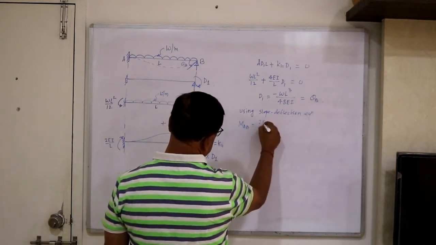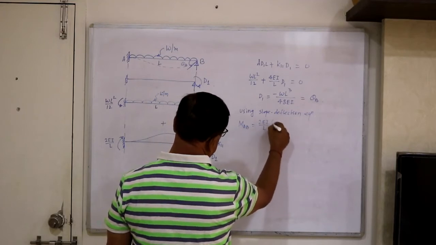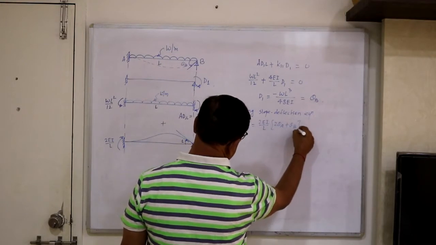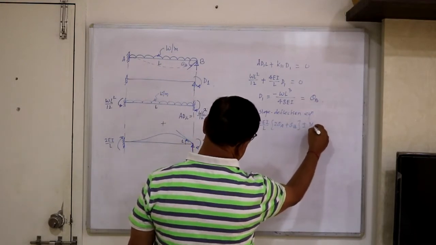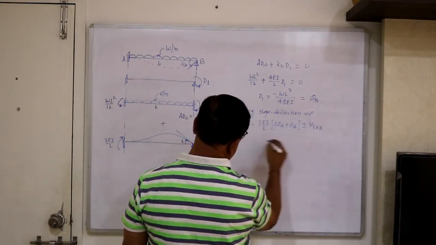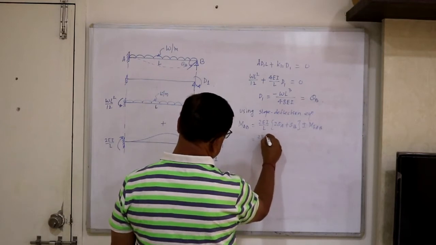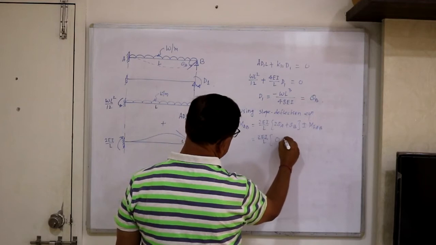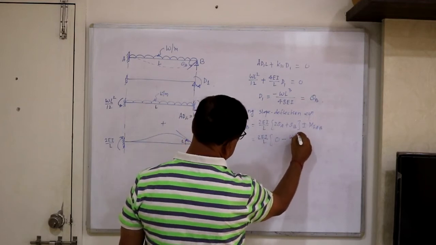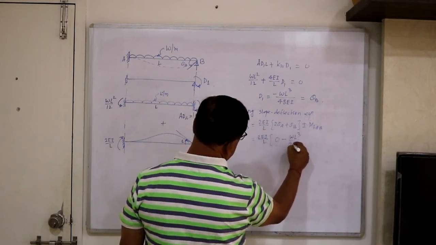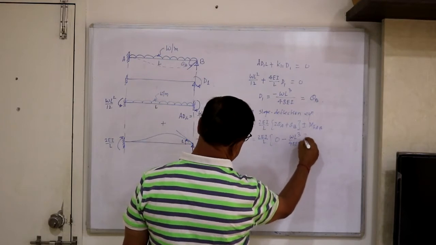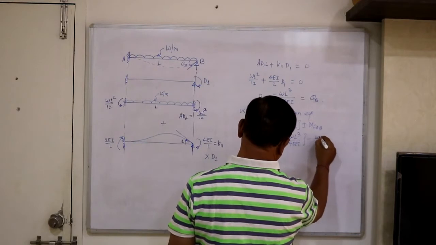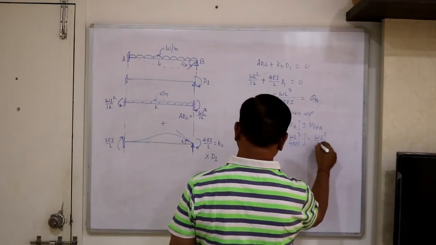MAB is 2EI upon L, 2 theta A plus theta B, plus minus MFAB. That means this is 2EI upon L. This is theta A is 0, and this is minus WL cube upon 48 EI, and this is minus fixed end moments WL square by 12.